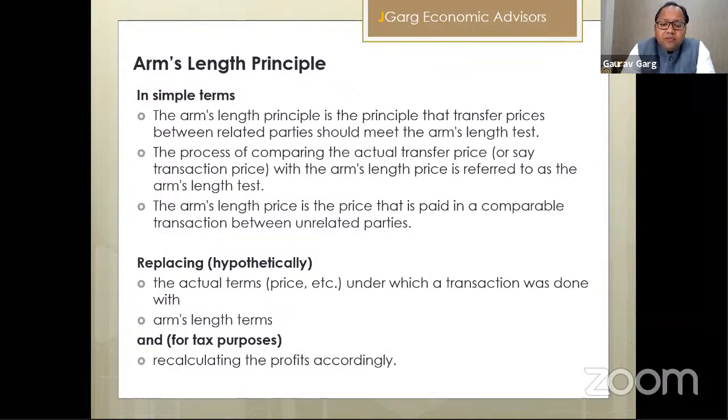Then for the purpose of tax, instead of taking $10, one needs to take $11, which will increase the income in the manufacturing country, or the country which is exporting. So this is how the arm's length principle is followed and adopted while computing the tax when you're filing your income tax return.